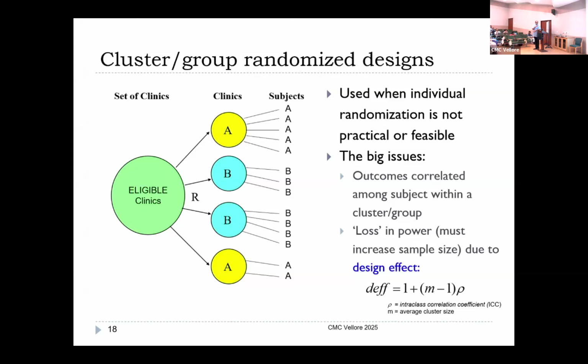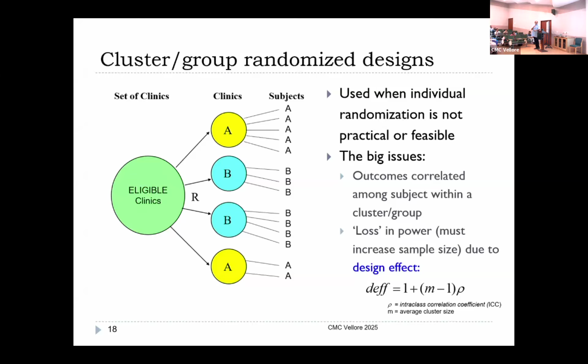Now, the problem with this is that the outcomes within the people of a cluster are similar in some ways. Why? Because they work in the same factory, go to the same school, or live in the same village. There's a village effect, a factory effect, a school effect. This effect is quantified by what's called a design effect.